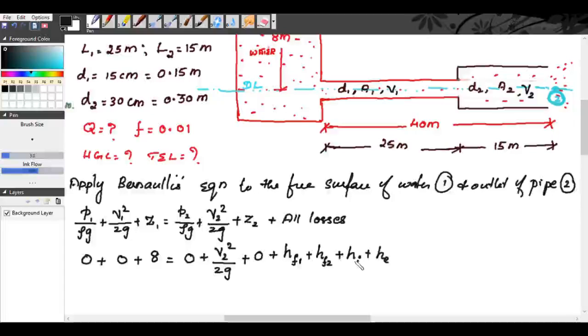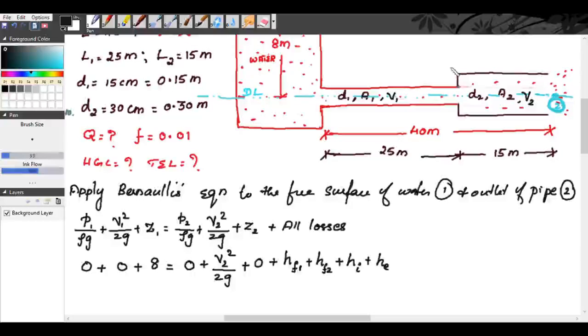HI is minor loss due to the inlet, and here see there is an exit as well as sudden enlargement. So when you are considering exit and sudden enlargement, the losses due to sudden enlargement will be greater. So here we will consider enlargement. Okay, so here HE means enlargement of pipe.